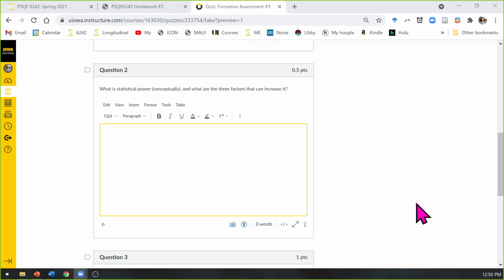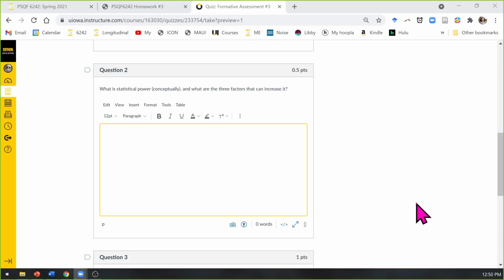But in my world, we don't have that level of certainty. So I would not recommend a one-tailed test as a way of increasing power, in the same way that I would not recommend increasing alpha as a way of increasing power, because you've got to pay the price on the other end in terms of a higher likelihood of type 1 error.